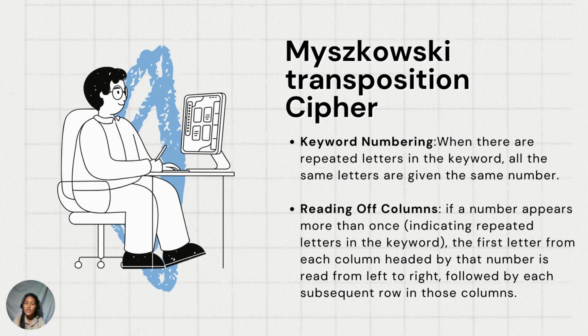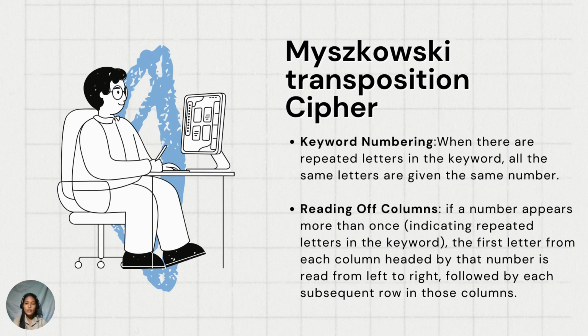This means that when you read off the ciphertext, you read across the columns which have the same number in the keyword. So the main difference lies in the treatment of repeated letters in the keyword. The Myszkowski transposition cipher gives the same number to repeated letters, leading to a different pattern of rearrangement compared to the other columnar transposition ciphers.